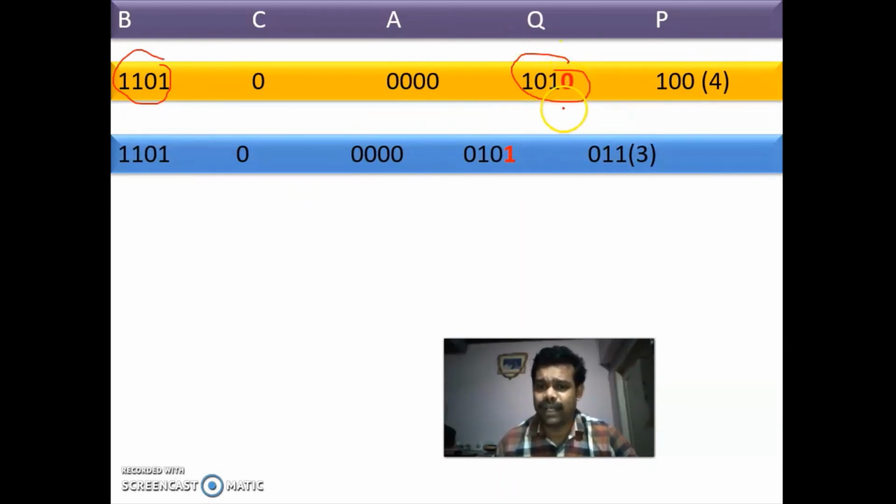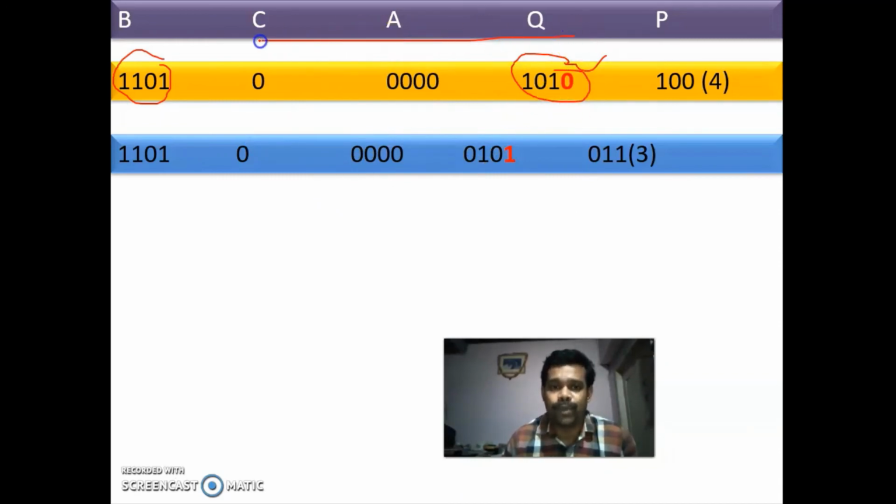So this 0 will come out, this 1 will come in, then 0, this 1, then this 0 will come here, then here we have 0. If the first bit is 0, you only shift the whole C, A and Q right by one bit.